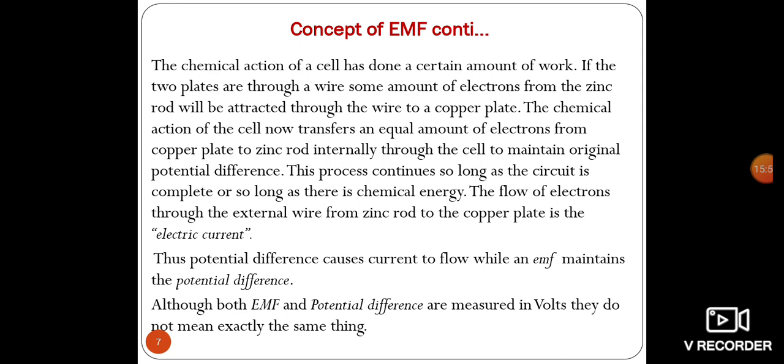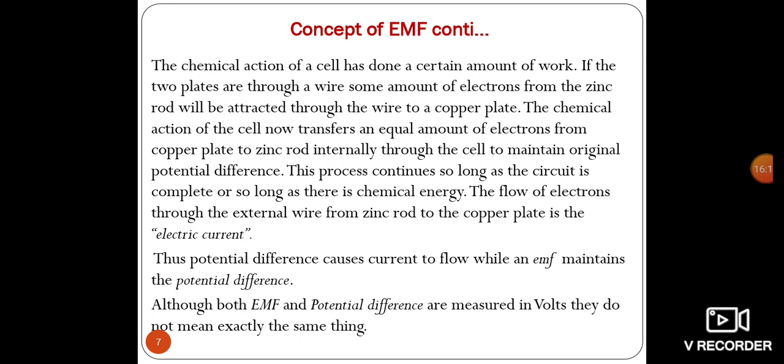So, as and when the electrons are moving from the zinc electrode to the copper electrode through the wire, or through the load, the rate of chemical reaction starts increasing, and the transfer of electrons from copper to zinc through the electrolyte will also increase.